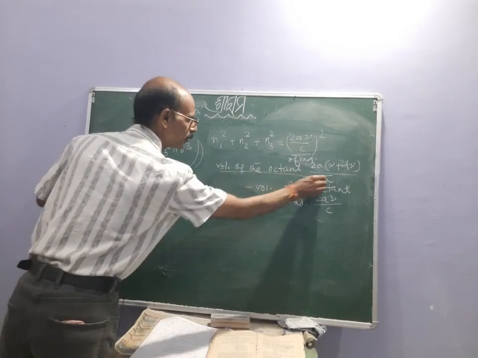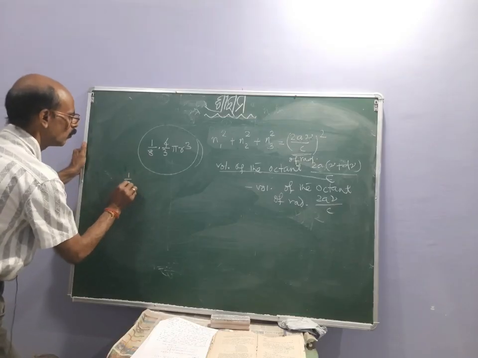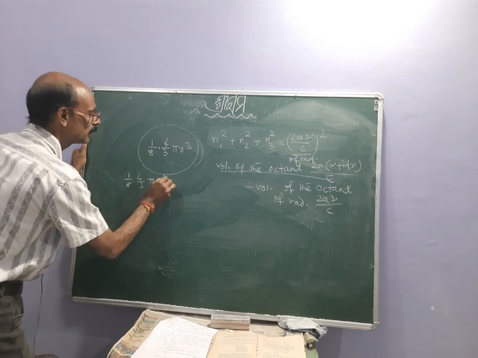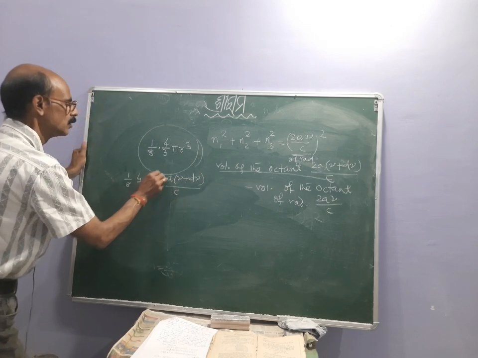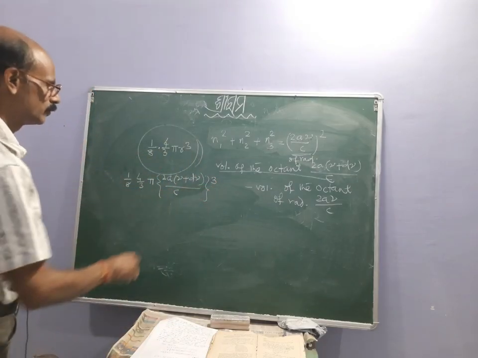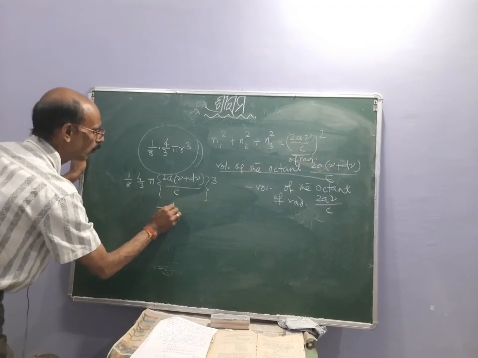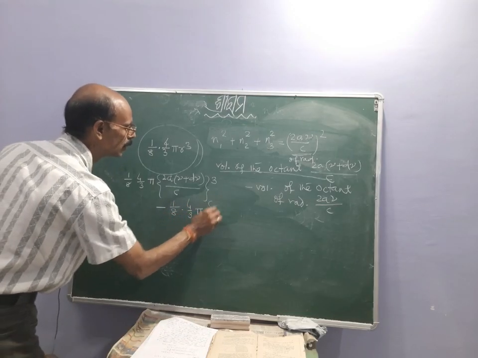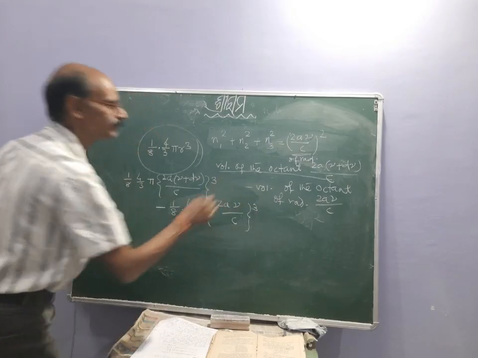For the octant of radius 2a(ν + dν)/c, I will take 1/8 × 4/3 π (2a(ν + dν)/c) whole cube, minus the volume of the octant of radius 2aν/c, 1/8 × 4/3 π (2aν/c) whole cube.